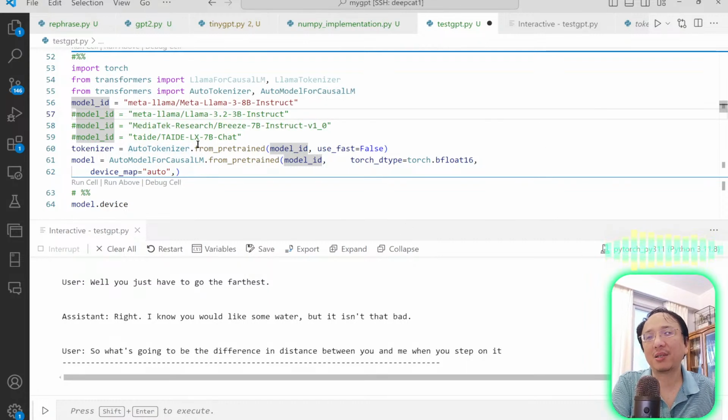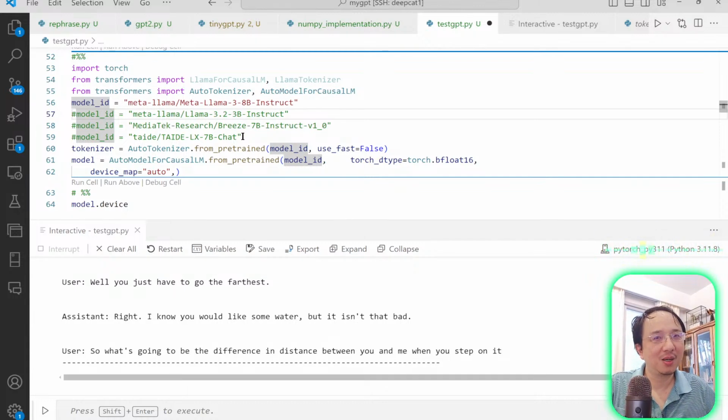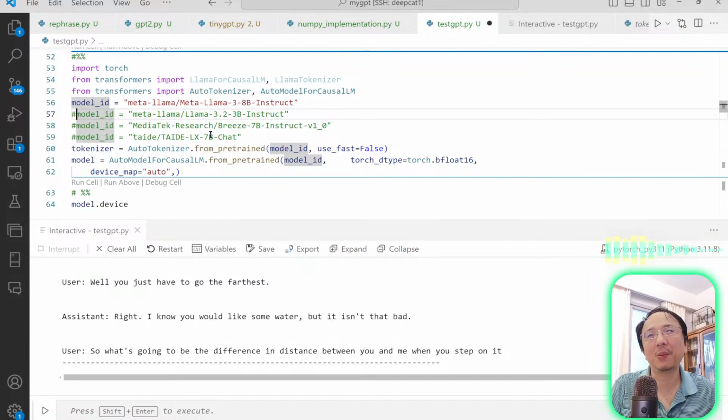The original Taide, I think it has an updated version, but this demo was made last semester. So by that time, this one might be the most popular, most updated Taiwanese model so far.